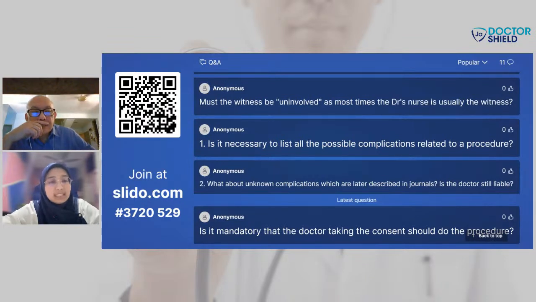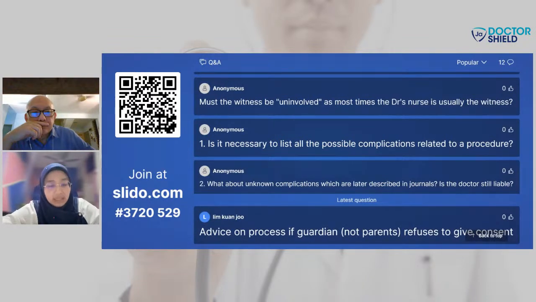Even on the success of the procedure, I've seen some consultants decide to put 80%, 90%, or if a particular risk is likely to happen, about 10 to 30%. So at the end of the day, all this must be incorporated and stated clearly in the consent form.